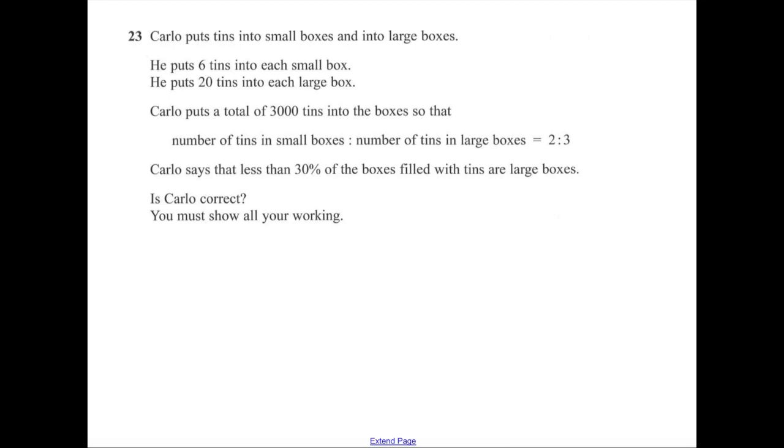So the first thing we need to do is to work out the number of tins in small boxes to the number of tins in large boxes. We are given the ratio 2 to 3.